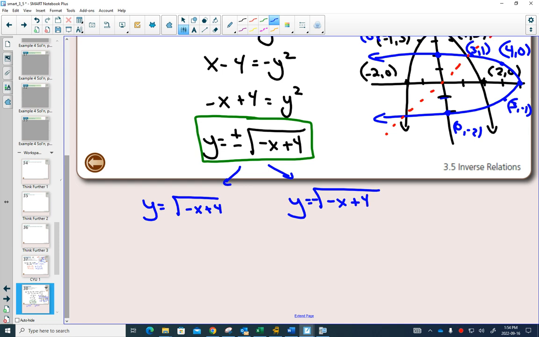If we walk through this, what does the negative inside the square root do? Vertical or horizontal? Horizontal, because it's inside. This would be a horizontal reflection. The 4, it makes sense that it's a translation. Which way should it translate? Right. But it went right.